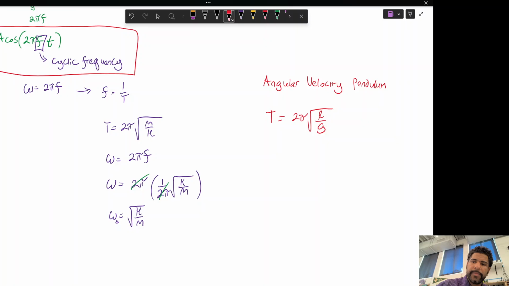We know that f is equal to 1 over 2 pi root g over L. Then we know that if we just multiply this by 2 pi, omega is equal to 2 pi times f, which means that omega is equal to 2 pi over 2 pi.